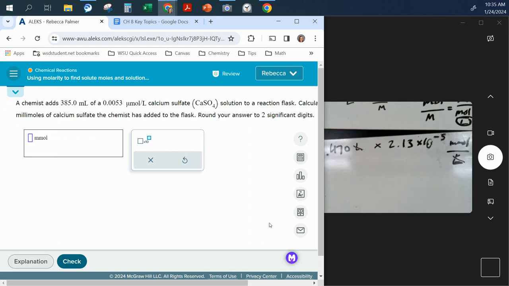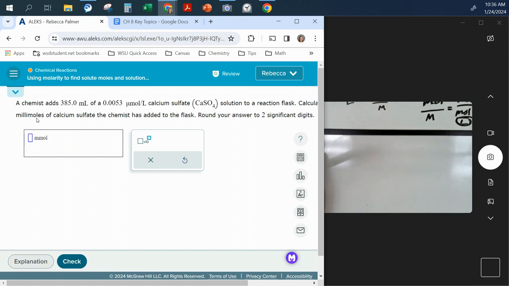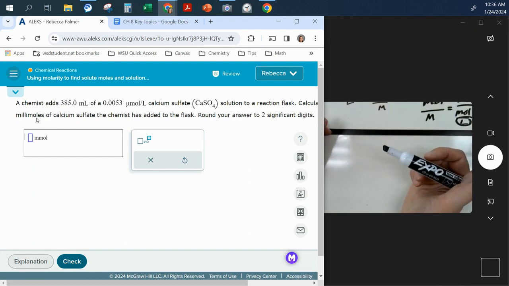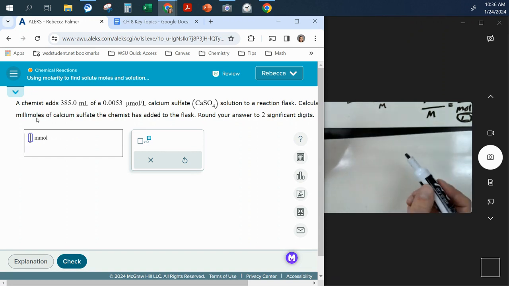Okay. Let's try this one. So we have 385 milliliters of this solution. Calculate the millimoles. Okay, so let's try. Did that work? No, that was wrong. That was wrong too? Yeah. Okay, I'll come over and we'll look at it.